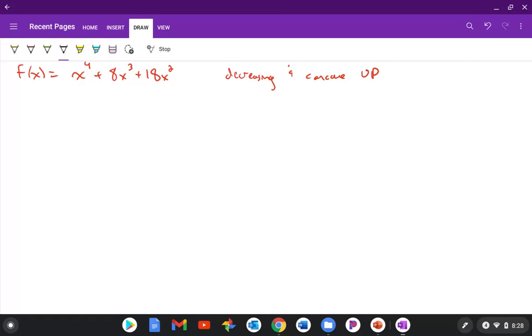So the first thing we're going to want to do is find the first derivative: 4x to the third plus 24x squared plus 36x. At this point, I'm going to stop for a second and set this equal to 0 and solve it, because I'm going to need critical points to figure out where it's increasing or decreasing. So my critical points are going to be where this first derivative equals 0.